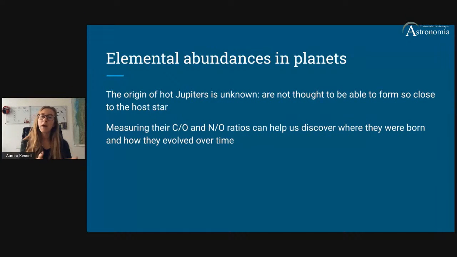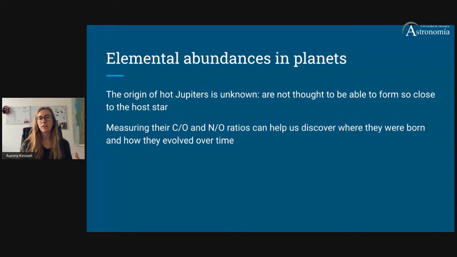If it migrated in when the disk was still there, then it should have some of the signatures of migrating through the disk. But if it formed and then migrated later, it shouldn't have any of the signatures of migrating through the disk. So by measuring carbon to oxygen ratios and nitrogen to oxygen ratios, people are hoping to be able to discover where these exoplanets are born, and then you can kind of back out how they evolve over time.